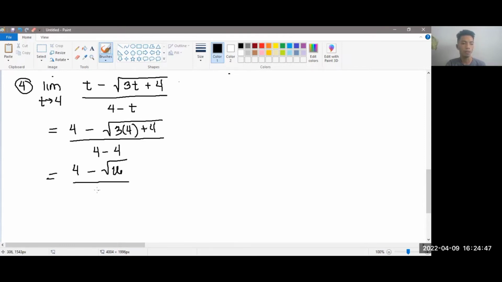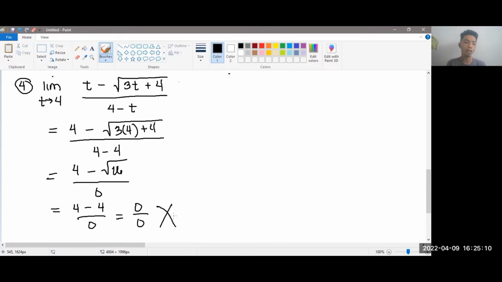And then all over 0. Then meron tayong 4 minus 4. Kasi di ba square root ng 16 is 4, all over 0. Which becomes indeterminate. Hindi natin siya pwedeng isolve lang ng basta na substitute.